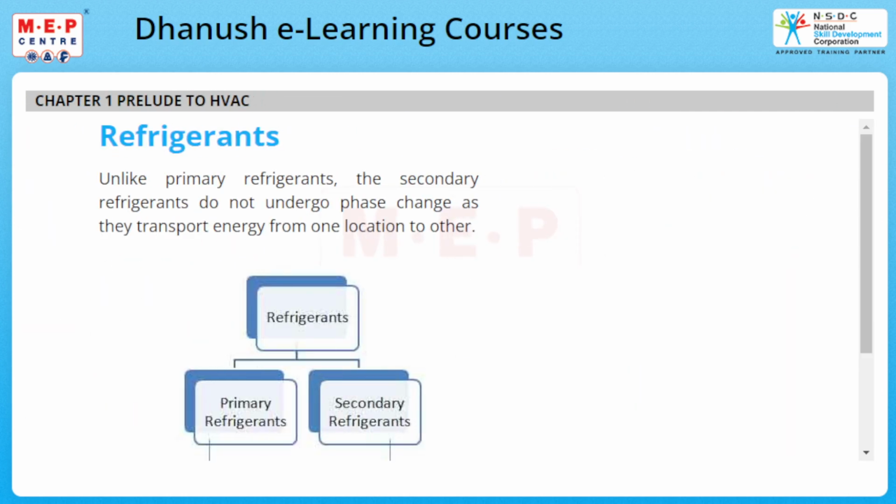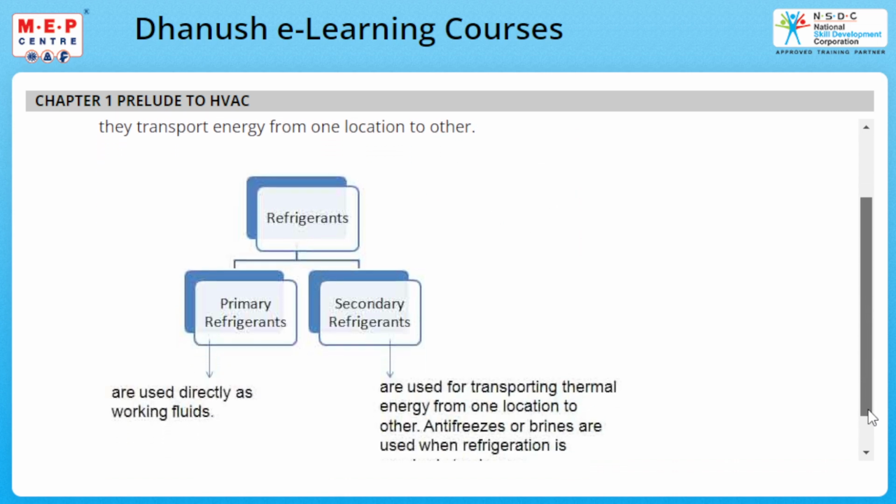Fluids suitable for refrigeration purposes can be classified into primary and secondary refrigerants. Primary refrigerants are those fluids which are used directly as working fluids, providing refrigeration by undergoing a phase change process in the evaporator.